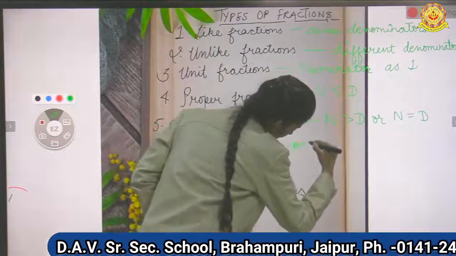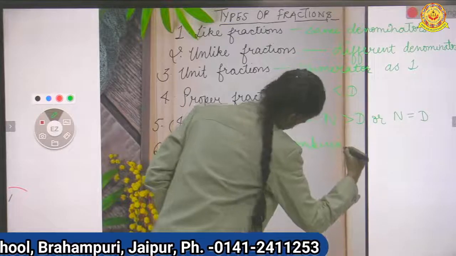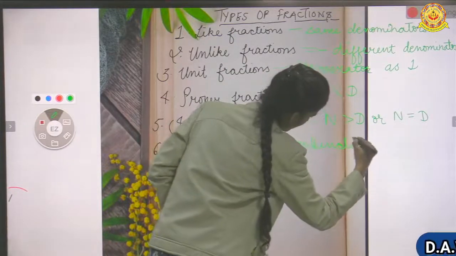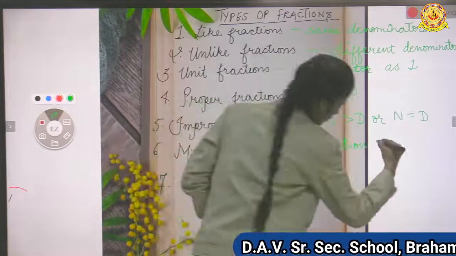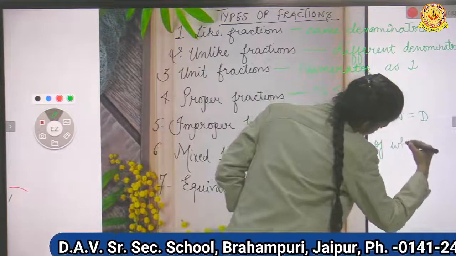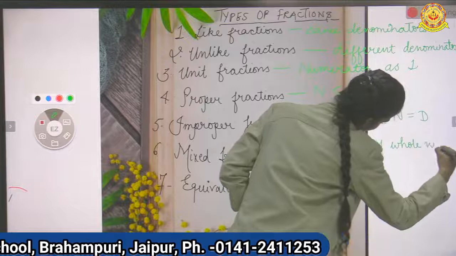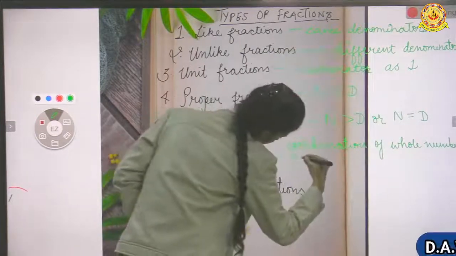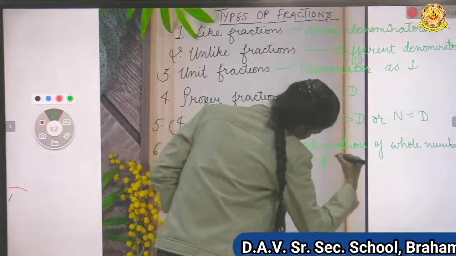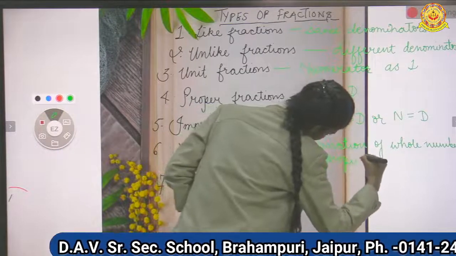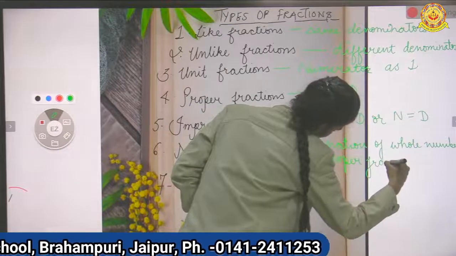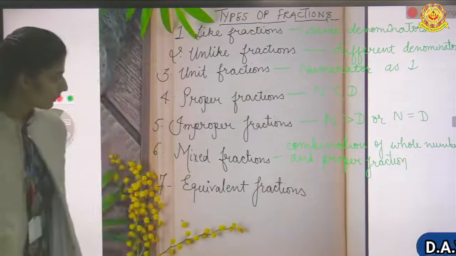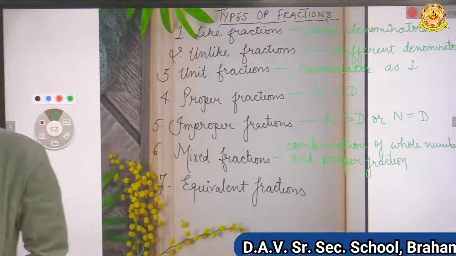This is a combination of whole numbers and proper fraction. Okay, and the last one is equivalent fraction.